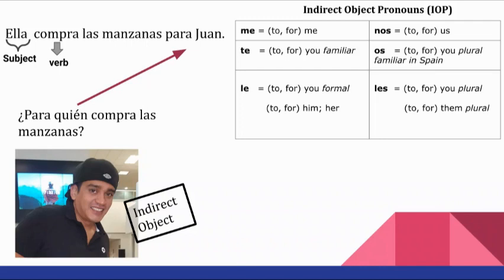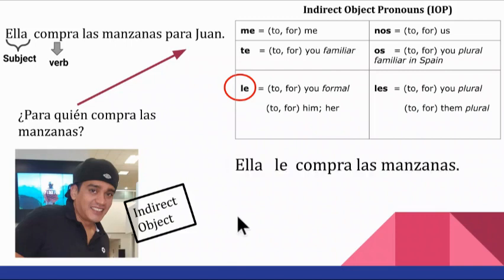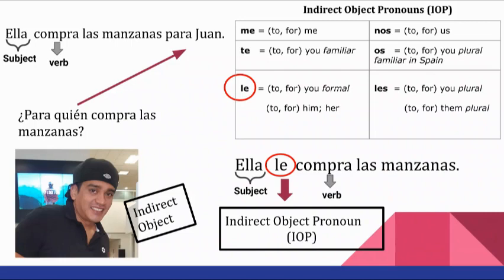So I need to look at my chart and identify, oh, for him is le. So my new sentence is going to be, ella le compra las manzanas. Notice the placement of the indirect object pronoun. I have my subject, I have my verb, and right in front of the verb, I have my indirect object pronoun.